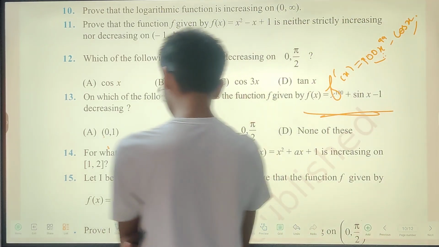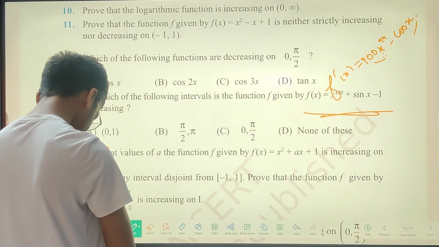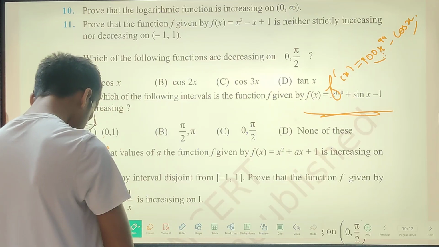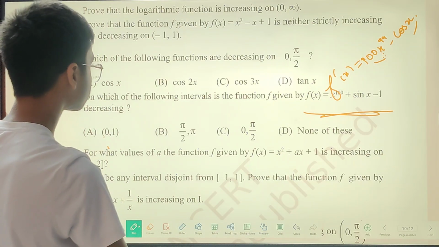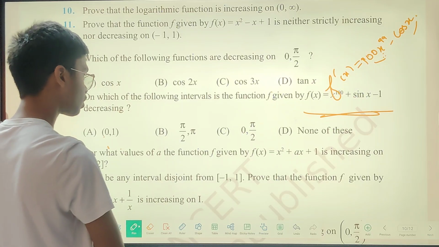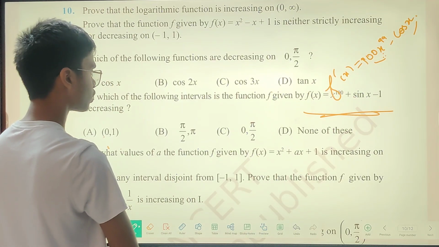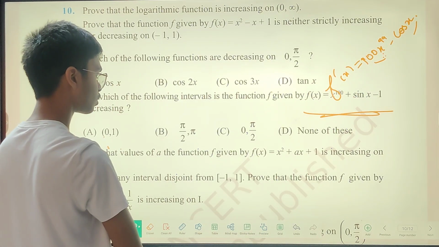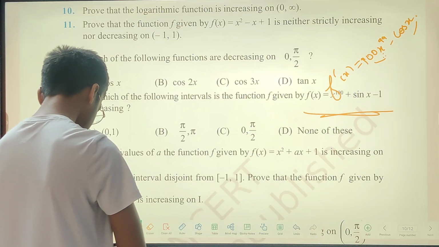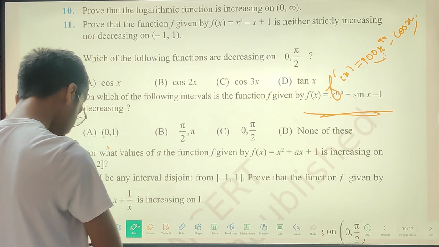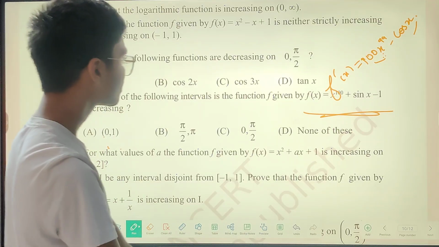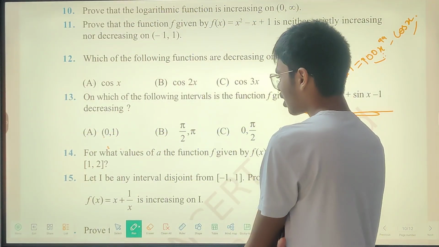Maybe it can be radians or degrees itself. Okay, that's not a problem.